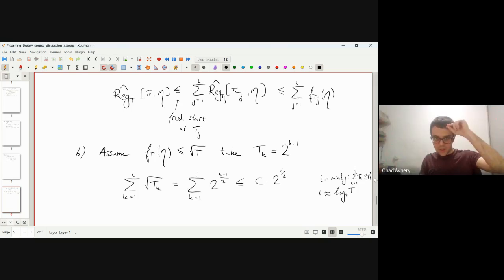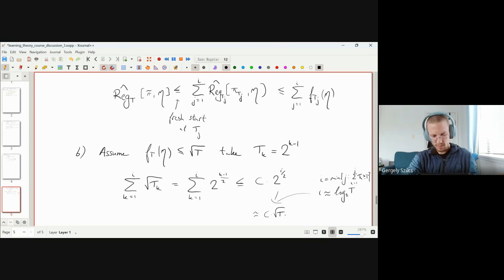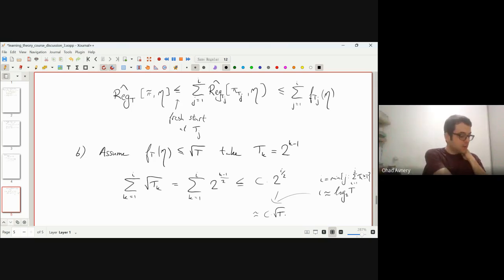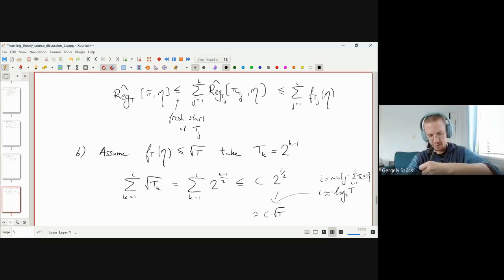And if we substitute this expression of I, we get the square root of t exactly, and we can make it implicit by solving the off-by-one problems. And then that's basically it. These are approximate, but we could make it more precise.